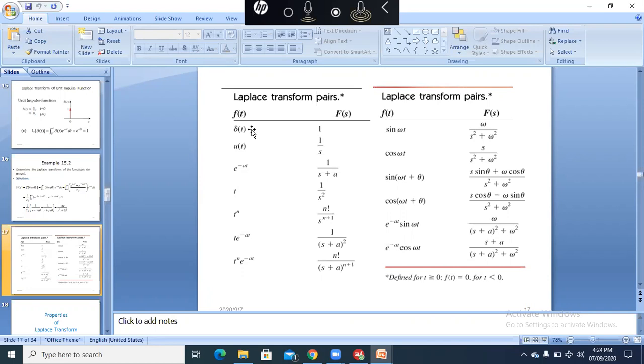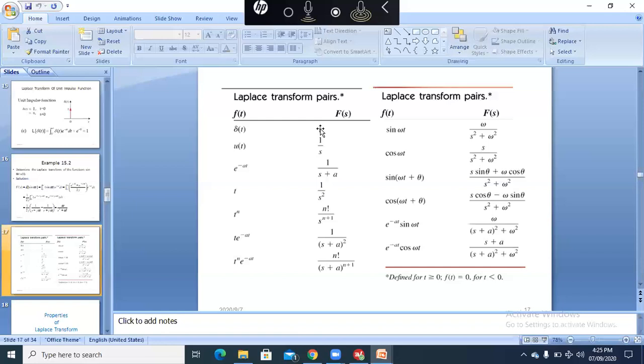So f of t to f of s and f of s to f of t makes it a transform pair. We call it the Laplace transform pair because we take the inverse, we go back, and we take the Laplace transform to go to this value. So we can transform from Laplace domain to time domain and time domain to Laplace domain by using this table.